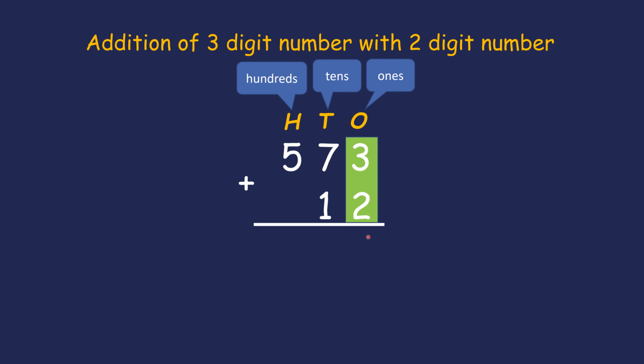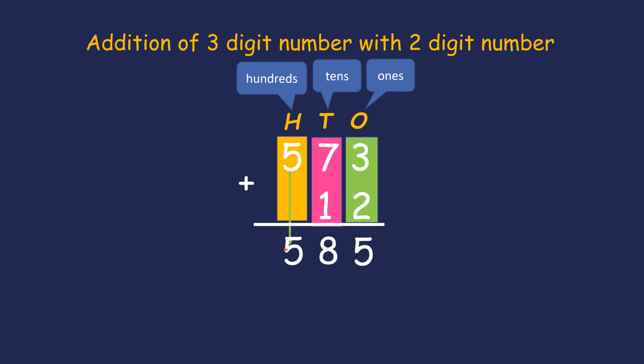The answer is 5. Next, let's go to the tens column. We have 7 plus 1. That is 8. Now, let's go to the hundreds column. We have only 5. So, let's bring that down here, the number 5. So, our answer or our sum is 585.